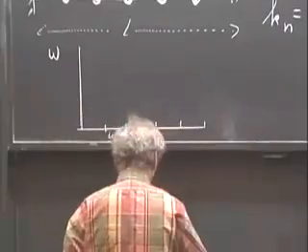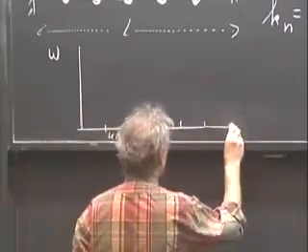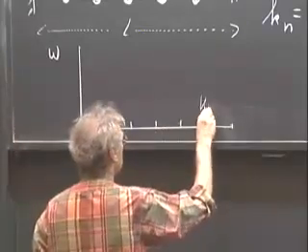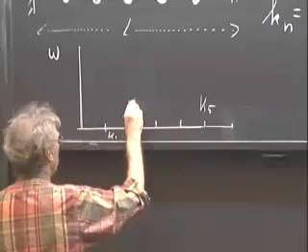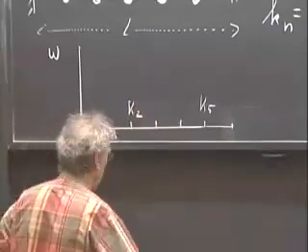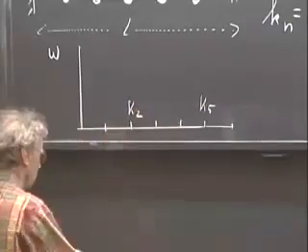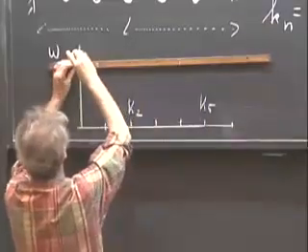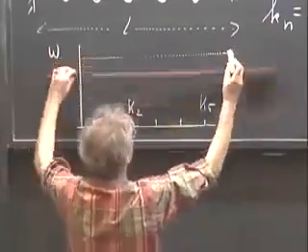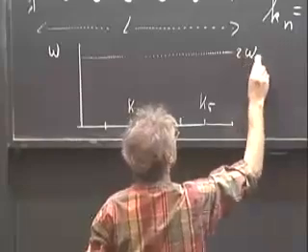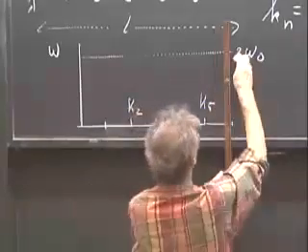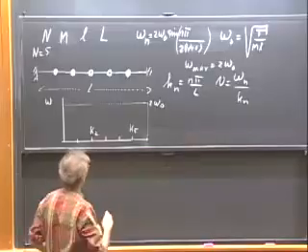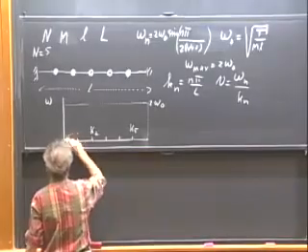Then here is the end of the string. So this value here is k5, and this value here is k2. Those are those normal mode solutions. And so the maximum value that omega can have is then 2 omega 0.